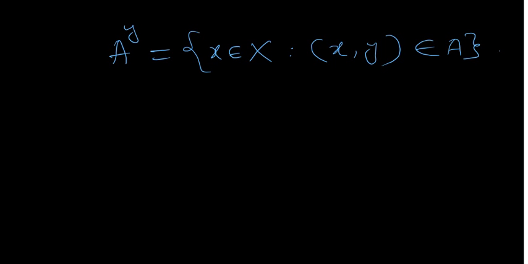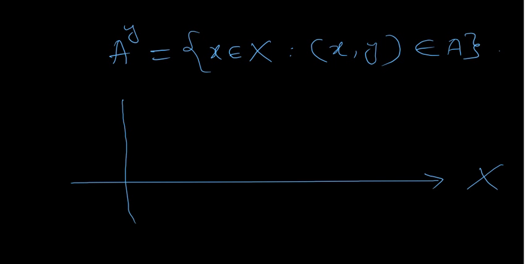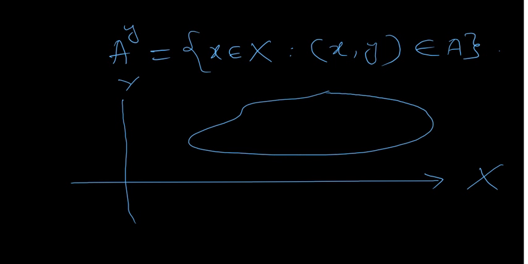Now let us see the geometric meaning of x section and y section. Suppose we take the x space along this direction, the x-axis, and treat this as the y space. So this whole plane is actually X cross Y. Now let's take any subset of it. This is a set A, suppose.